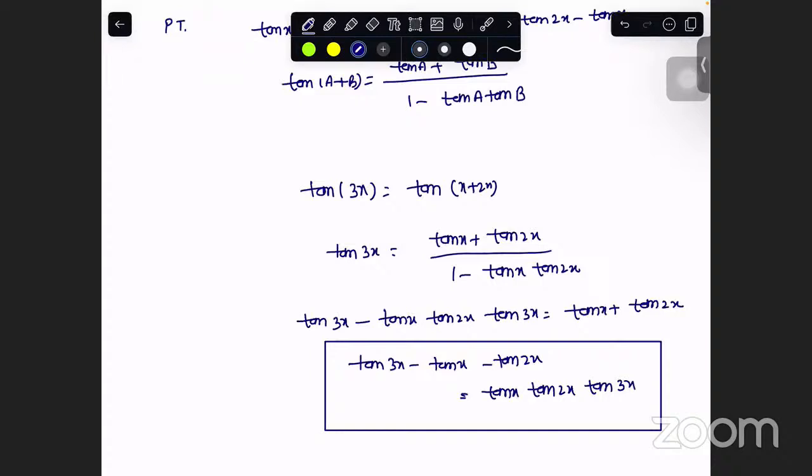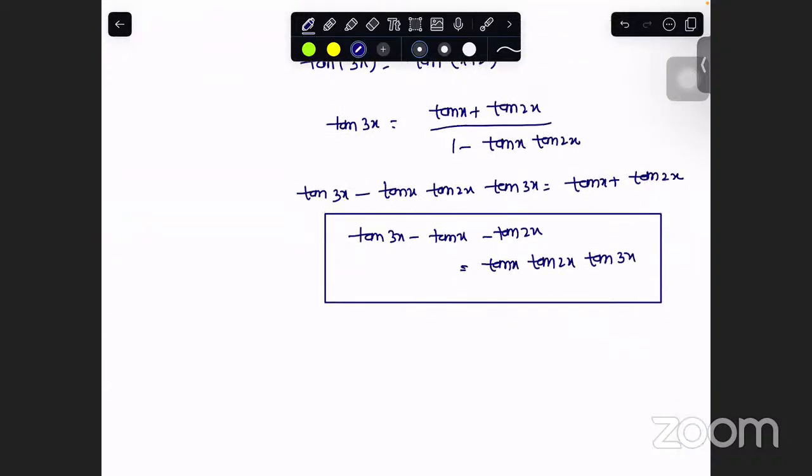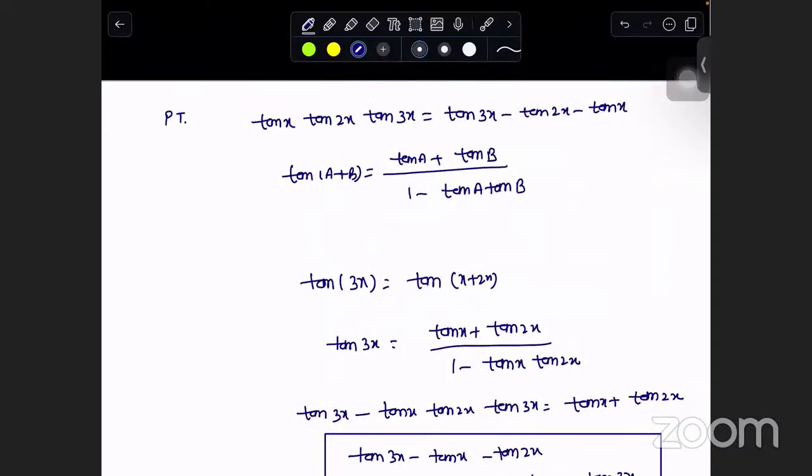And this was a simple question. Yeah, definitely if x equal to 0, LHS is equal to RHS.